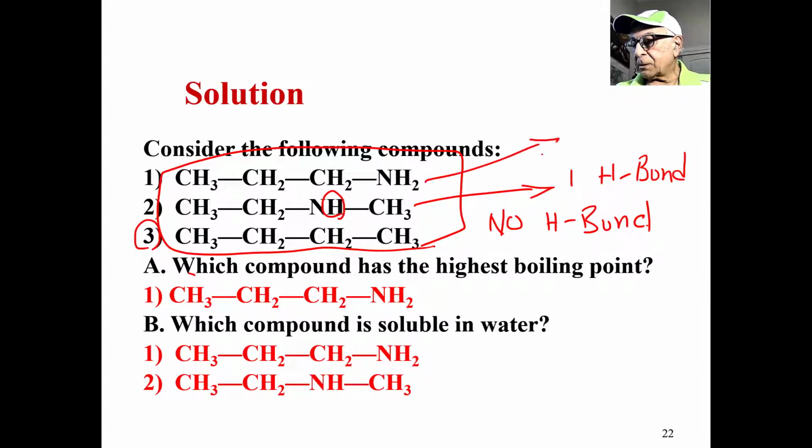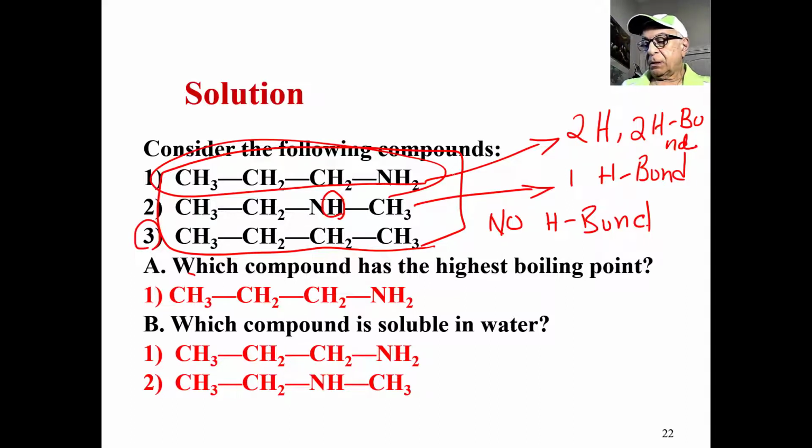And this one has two hydrogens, which is going to result in two H bonds. So can I say number one has the highest boiling point? Does this make sense? Because there is more interaction between molecules.